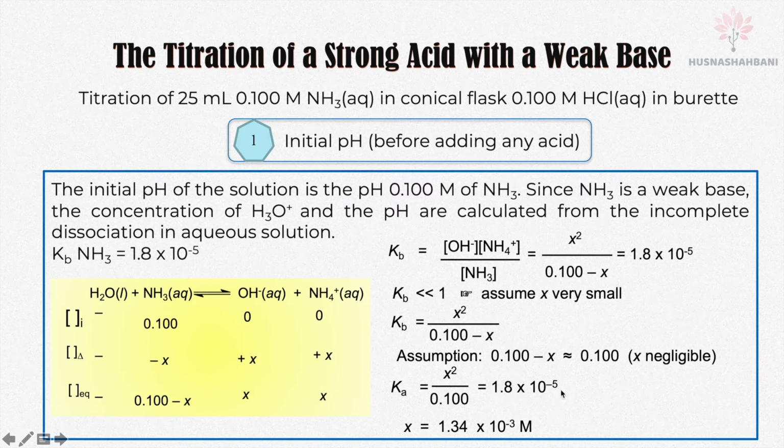X equals 1.34 times 10 to the power of negative 3, so this is the concentration of OH minus. X is the concentration of OH minus.